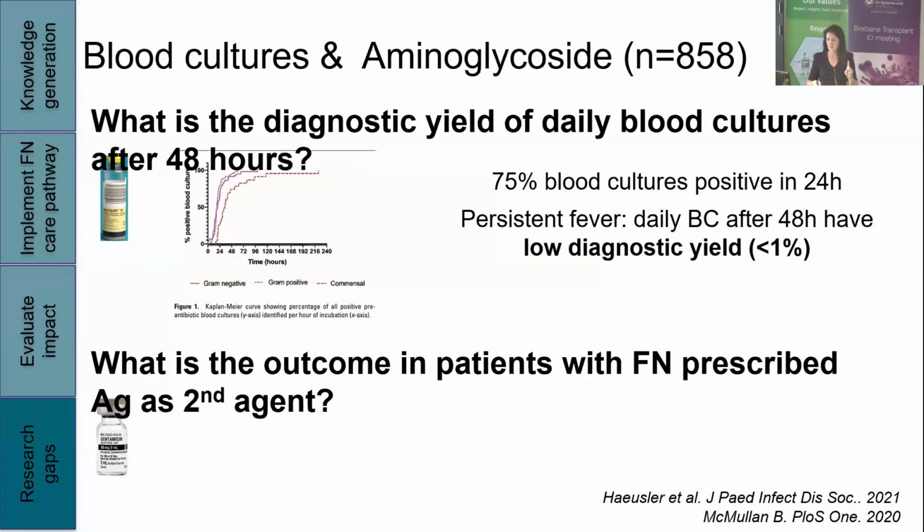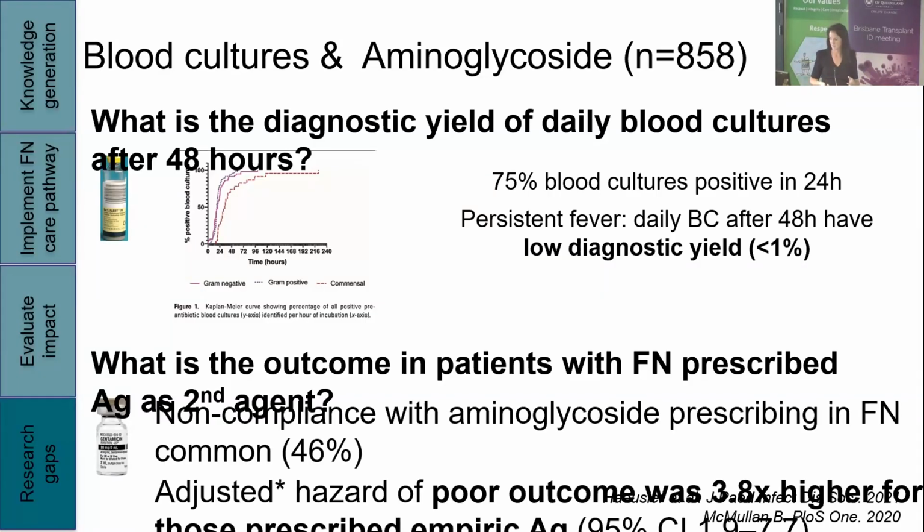Brendan McMullen, in his PhD, used the database to look at the outcome of adding an aminoglycoside, amikacin or gentamicin for instance, in patients that had received either cefepime or piptaz as part of their febrile neutropenia treatment.